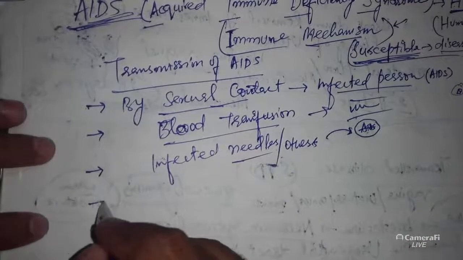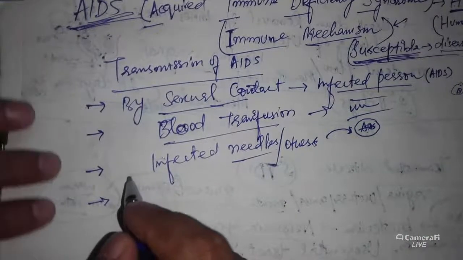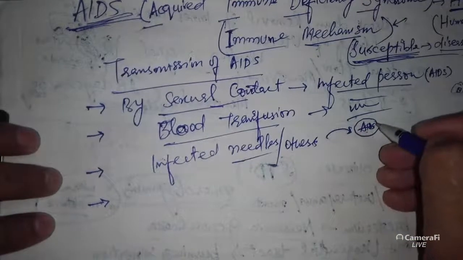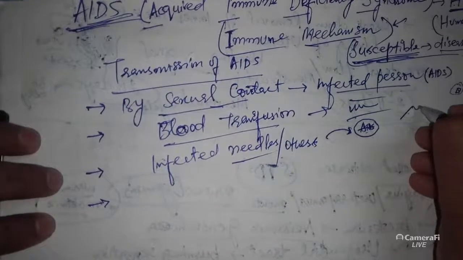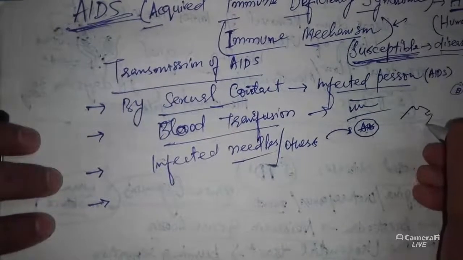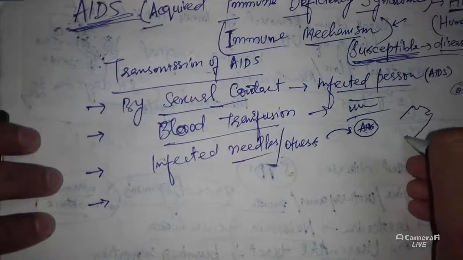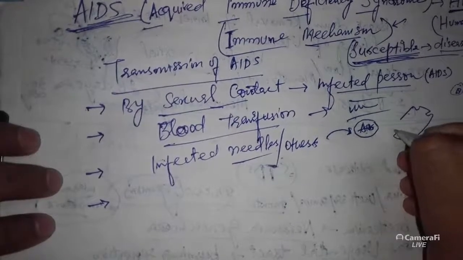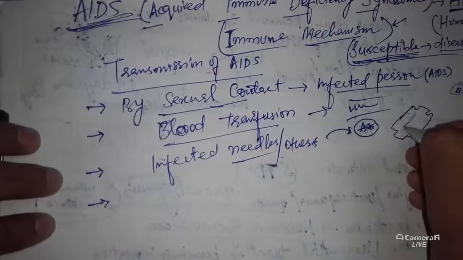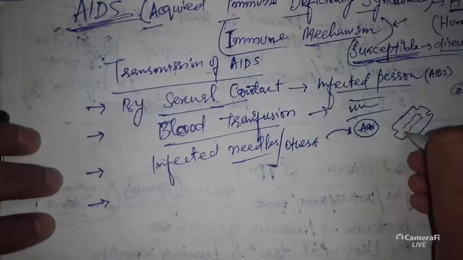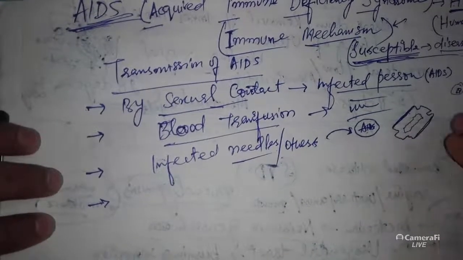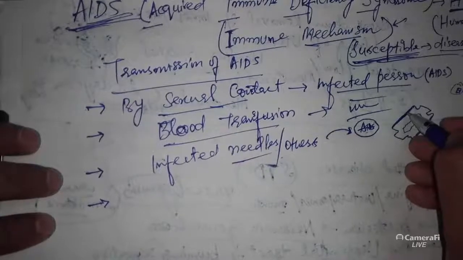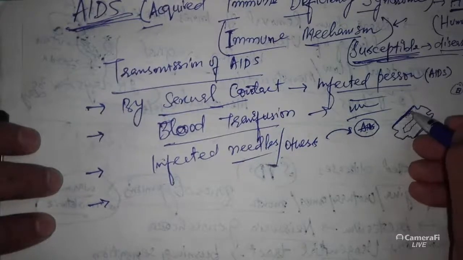Then the last one we can know is that it is not only needles. For example, a barber shop using a common blade or razor for shaving many of its customers. Sometimes there is an infected person who bleeds, and a little bit of blood comes in contact with the razor.